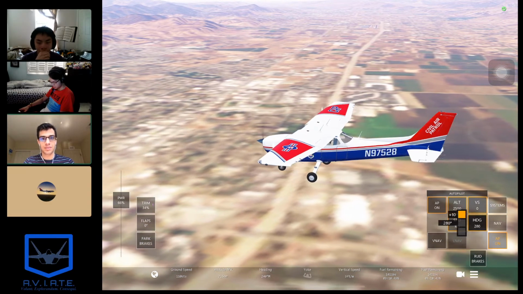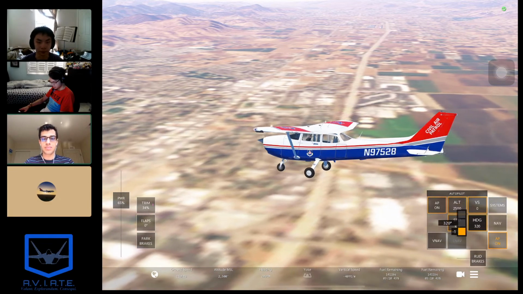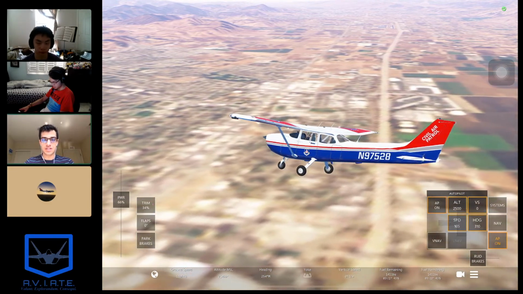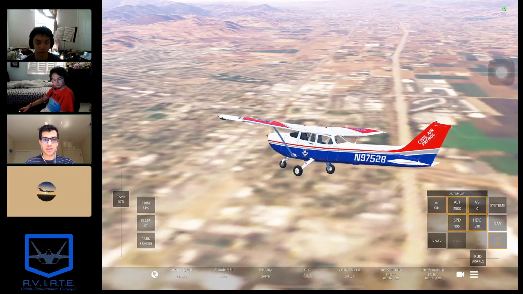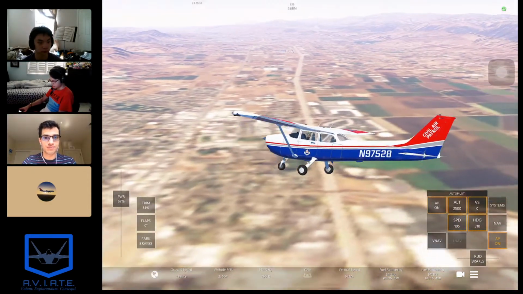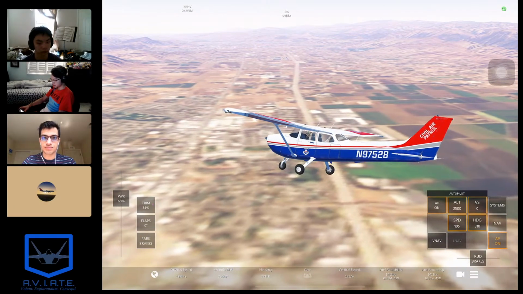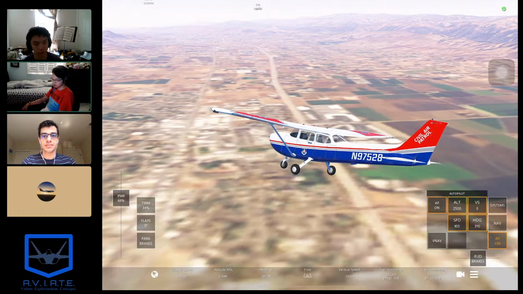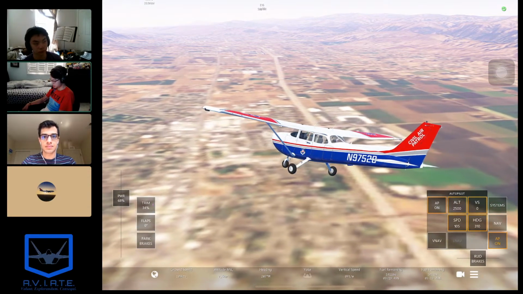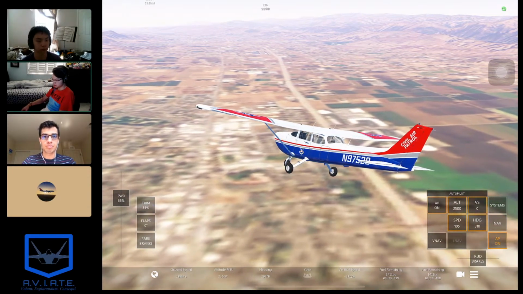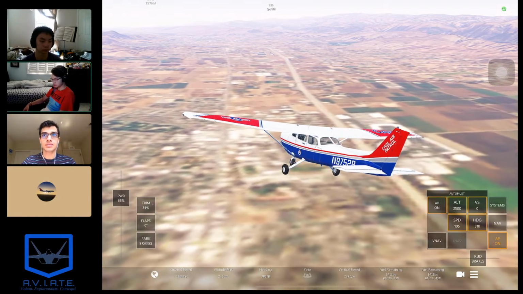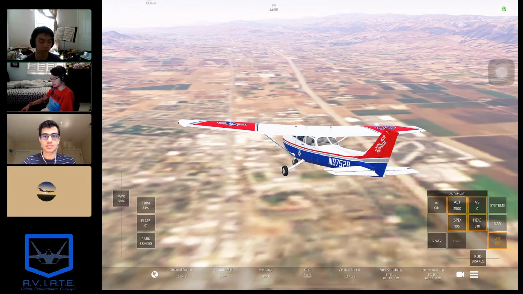And then when you go back to land, you want to push the mixture back in because the air's getting thicker again as you descend, and you want that power in the engine. One thing to add to that: you would normally leave your mixture in for full power climb. You would also leave your mixture in if you're below 3,000 feet, because below that the air is still dense, although it's slowly getting less dense the higher you go.